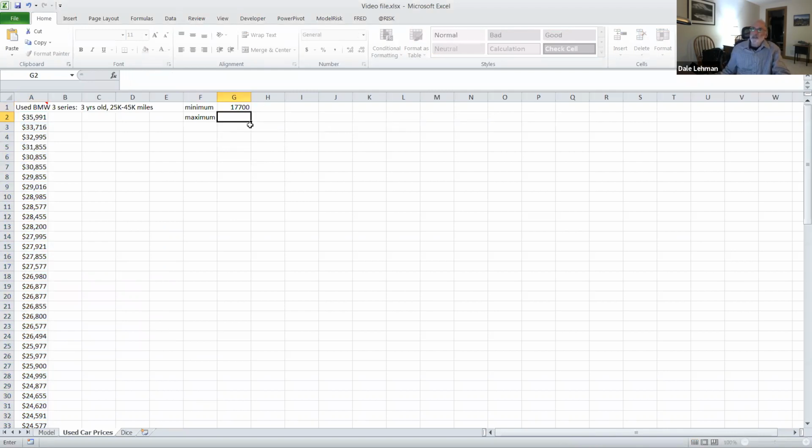That's the minimum, 17,700, and the max of UsedCars was 35,991. So we could say those are the sort of extremes. And maybe we want to put in the possibility that the used cars could be as cheap as 17,700 or as much as 35,991.